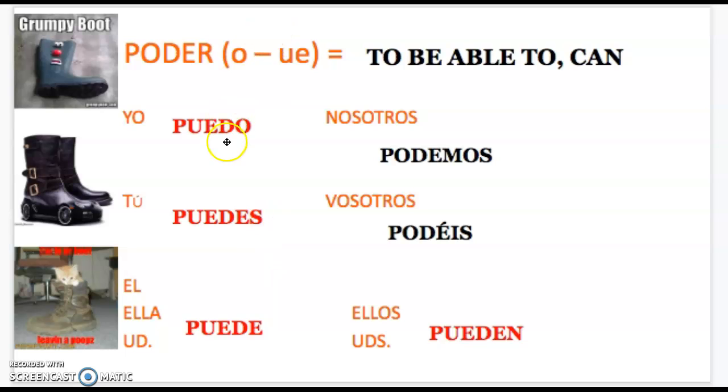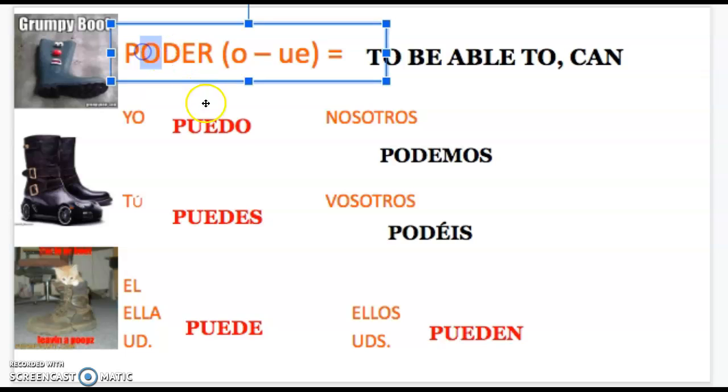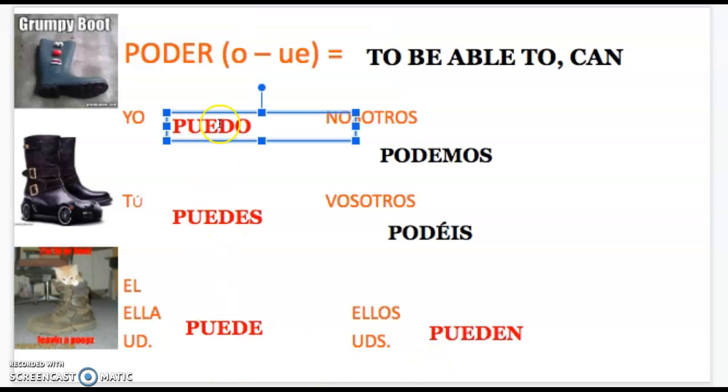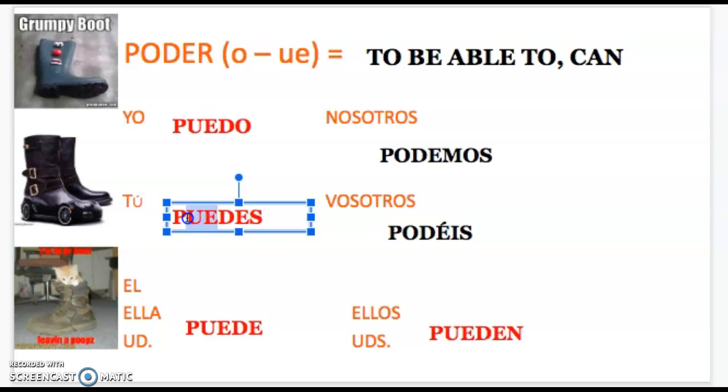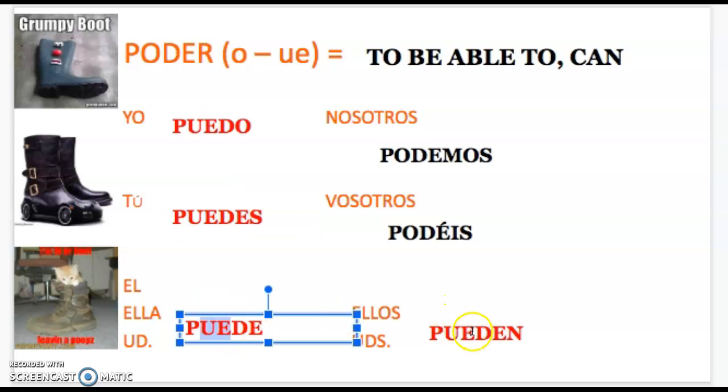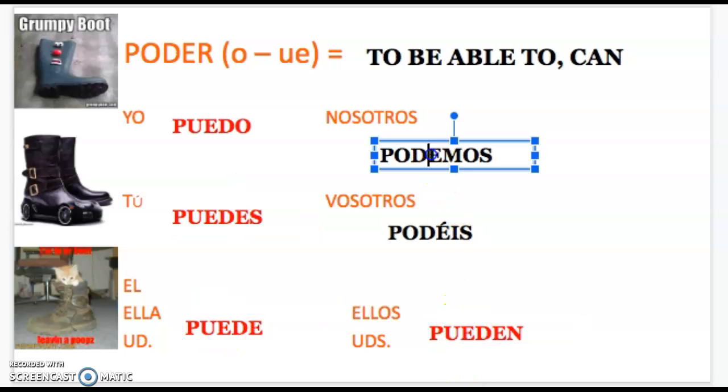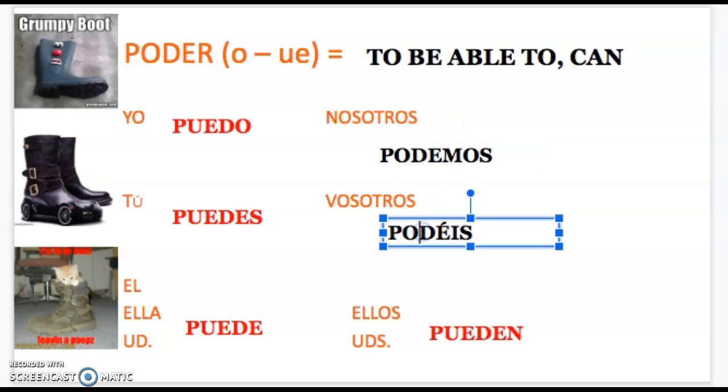Let's take a look at this one. Here you can see the red verb. Poder means to be able to, or can. Maybe last year you learned the phrase, ¿puedo ir al baño? Can I go to the bathroom? So this was the verb that you were using, poder. The O changes to a UE, and see how these four conjugations look like a boot. So I have my UE, UE, UE, UE, but outside the boot, I do not have that change.